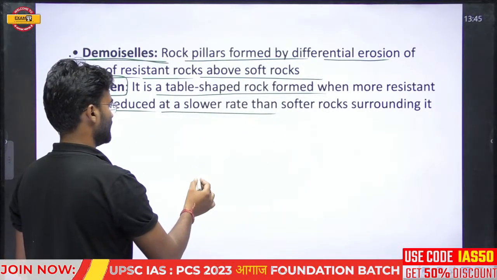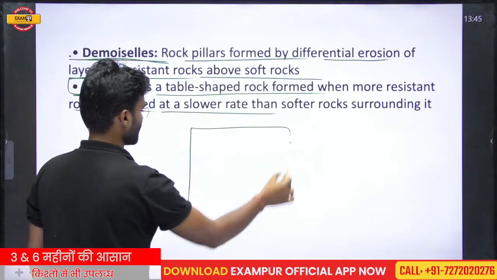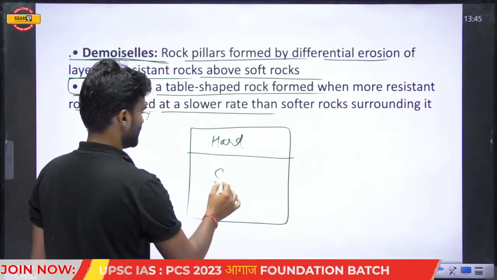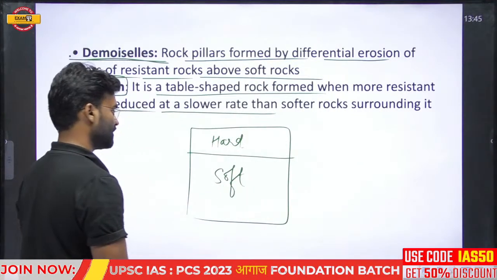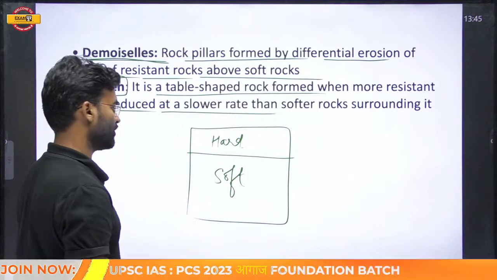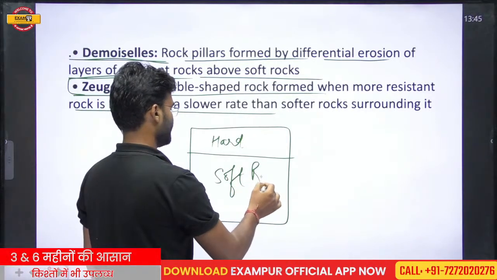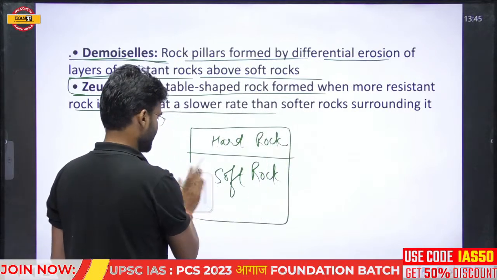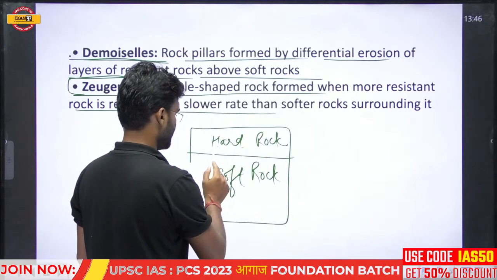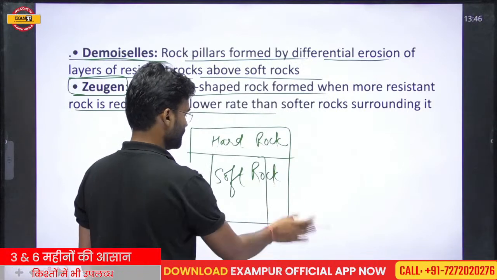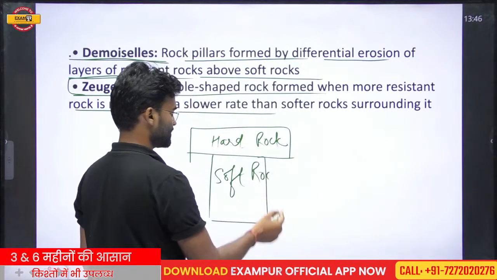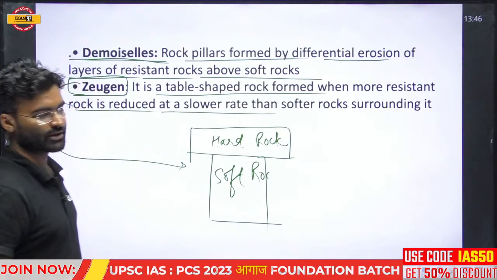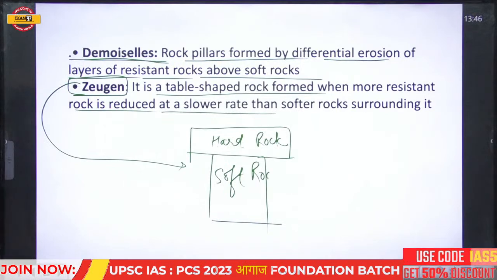So if this is the hard rock and this is the soft rock, and the hard rock is located above the soft rock, and the wind has impact in this region, this part is eroded and the soft rock gets eroded by this region, then this type of structure is formed, and it is called the Zeugen in the arid region.